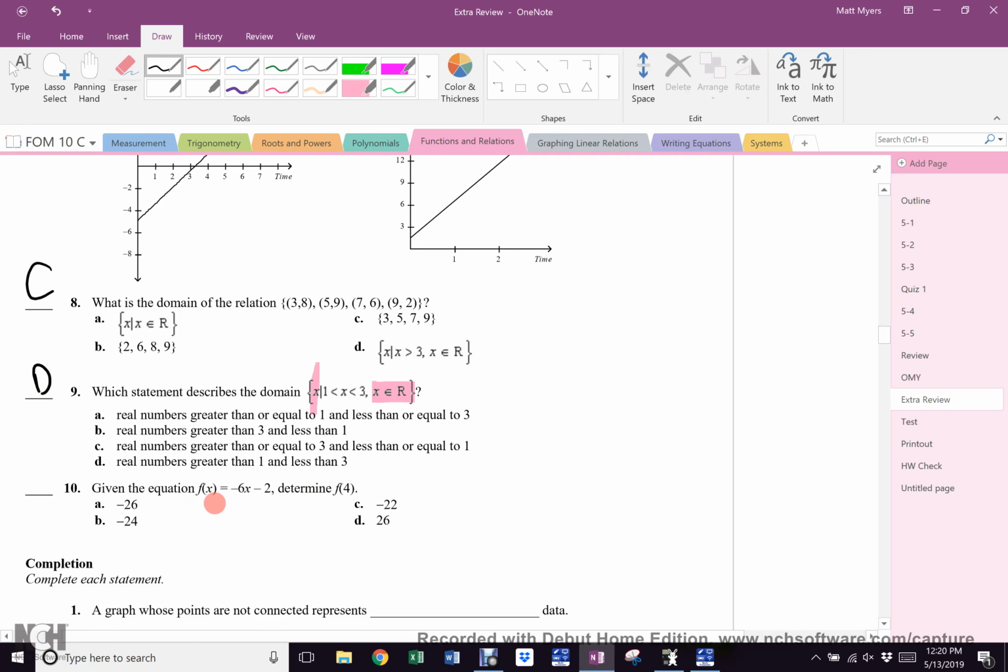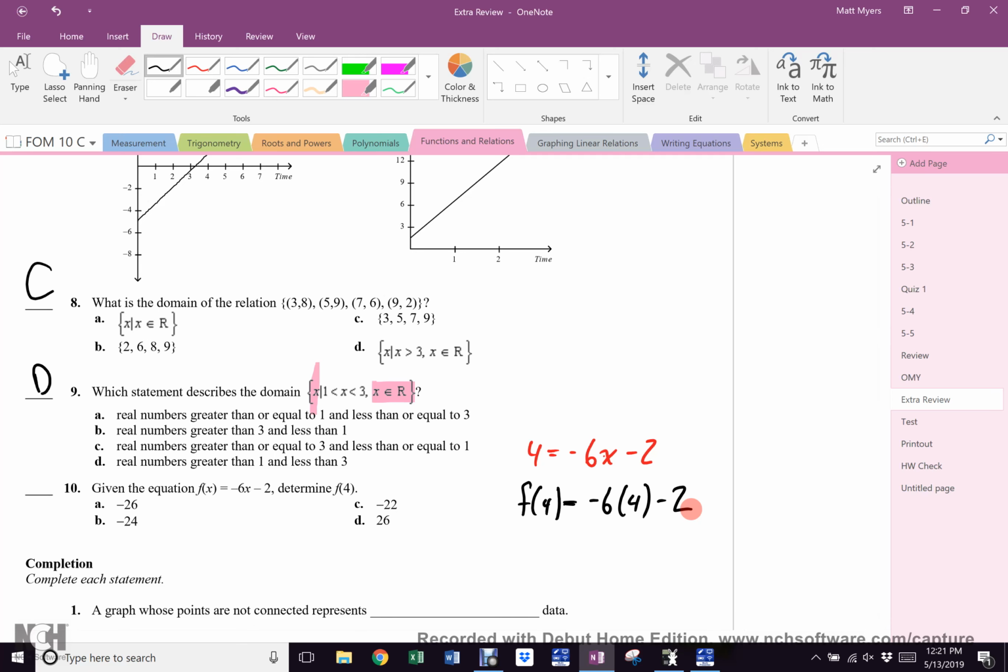Given that equation, f of 4. So what do I write? I'm going to draw two things. I'm going to draw something red and something in black. Don't say anything till I'm done. Which is correct, red or black?